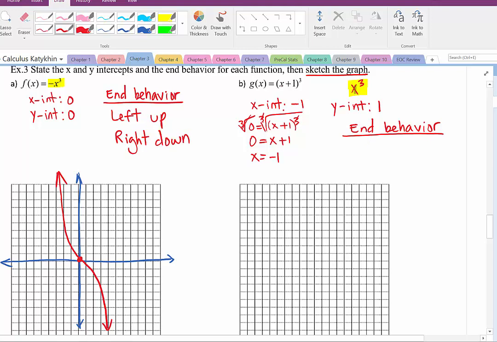In our case, because it's odd but now positive, it's going to switch roles. The left side is now going to be going down, but the right side is going to be going up.